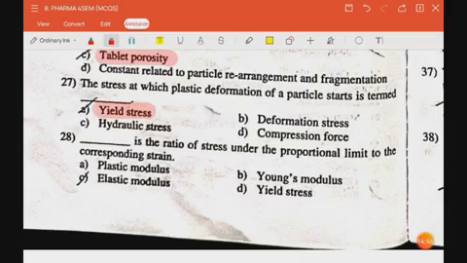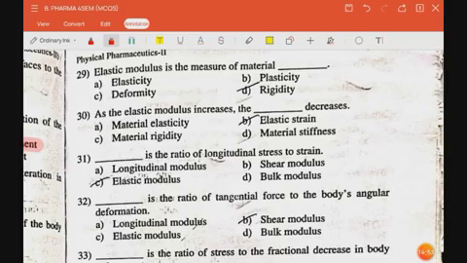The next question is dash is the ratio of stress under the elastic limit to the corresponding strain. The answer is elastic modulus. Elastic modulus is the measure of material's rigidity. The next question is as the elastic modulus increases, the dash decreases. The answer is elastic strain.